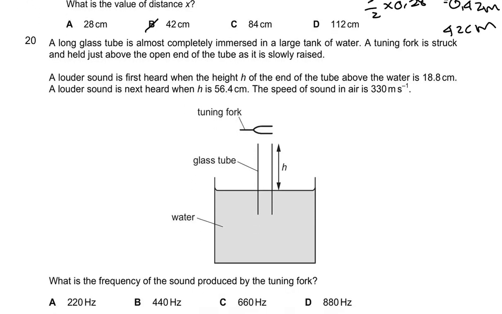Next, a long glass tube is almost completely immersed in a large tank of water. A louder sound is first heard when the height of the end of the tube above the water is 18.8. So the first one is 18.8, and the next sound is heard when the second height is rising at 56.4.